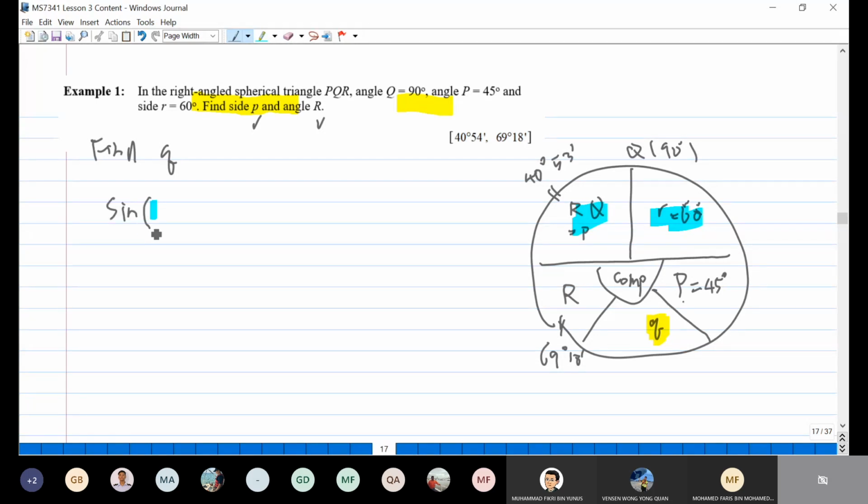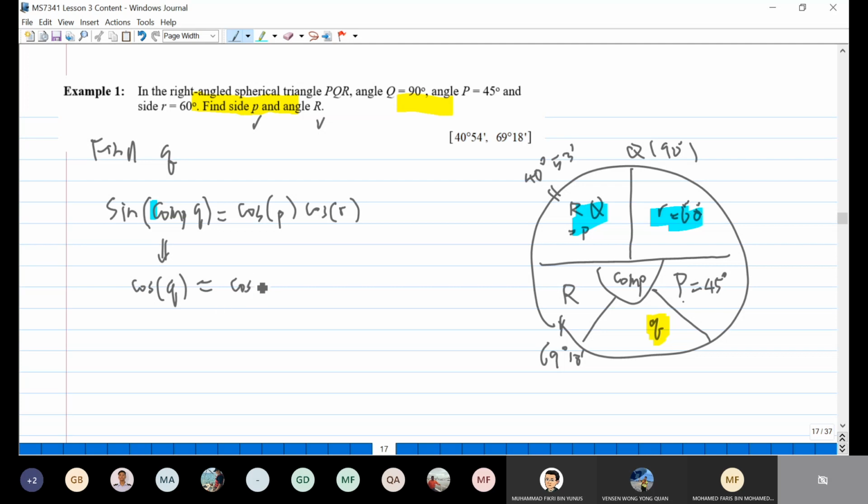Now Q is in the lower part, so it's sine of comp Q. Then product of cosine, because opposite is product of cosine, so it's cosine of P, cosine of R. Then we know that sine of comp Q is the same as cosine of Q.